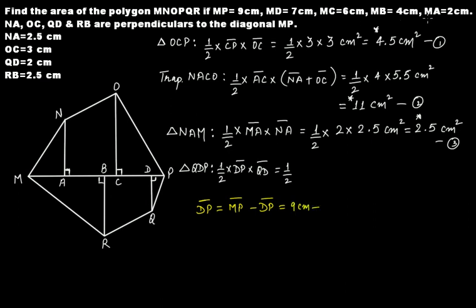MD is 7 centimeter. So this gives you 2 centimeter, right? So half multiplied by DP, which is now 2, and multiplied by, do we have this value of DQ or QD? Yes, DQ and QD are the same thing. So we have 2 centimeter here. So you get 2 centimeter squared.